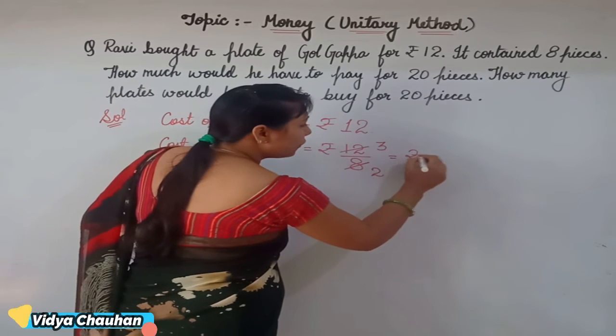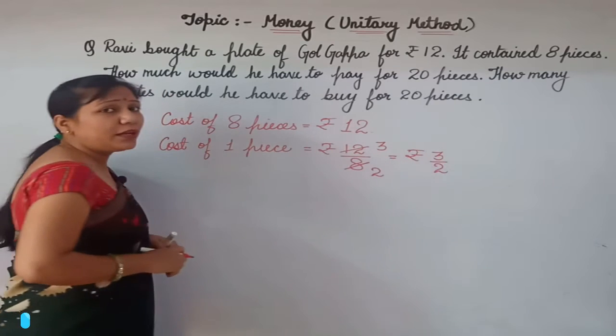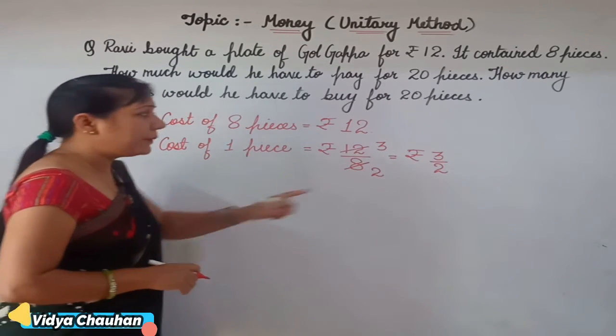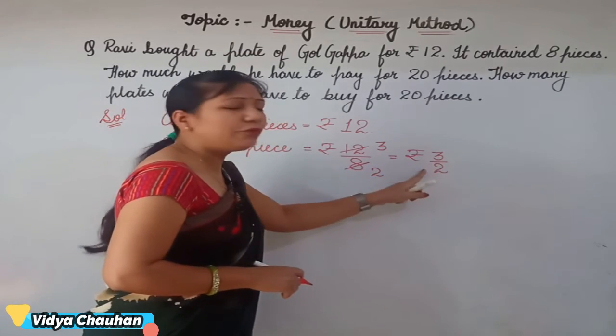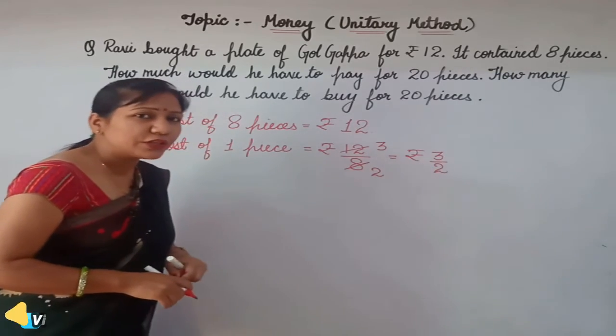So the cost of 1 piece of Golgappa is rupees 3 upon 2. This is the cost of 1 Golgappa, because we cannot divide it further, and even if we divide, you will get the value in decimal. So better you leave it in fractions.